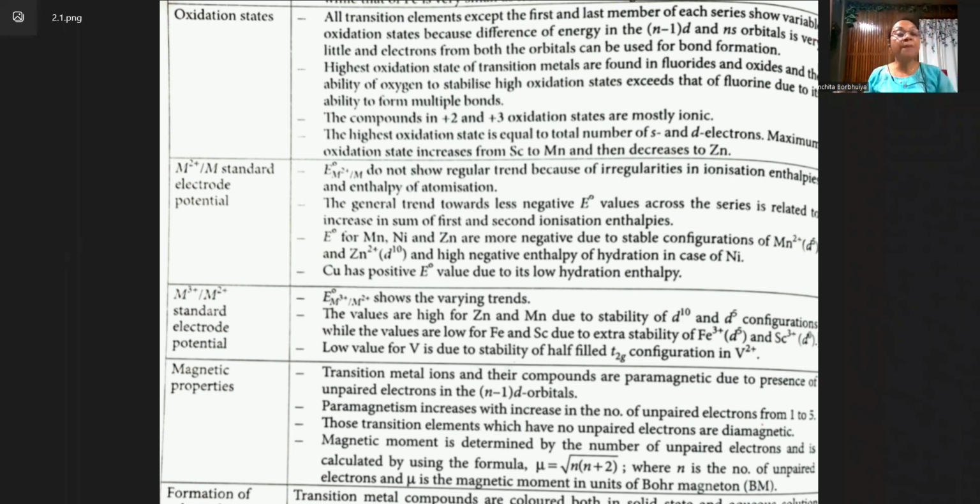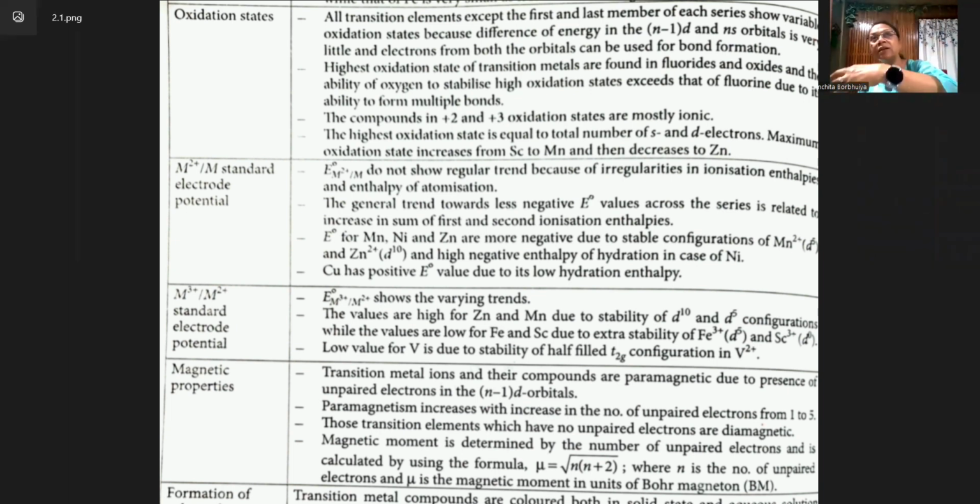Going on to the next property, the formation of colored ions. You know that all these compounds, be it in the solid state or the aqueous solution, have incompletely filled d orbitals, which split into a lower energy t2g and eg. As you've learned, crystal field splitting happens. So if an electron jumps from the lower d orbital to the higher d orbital, that means there is a split in the energy between the two d orbitals.